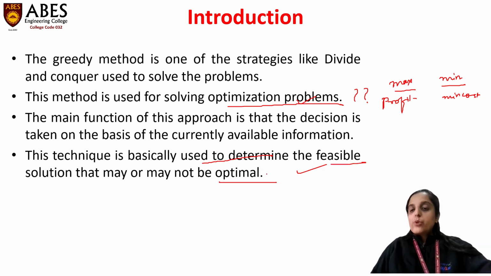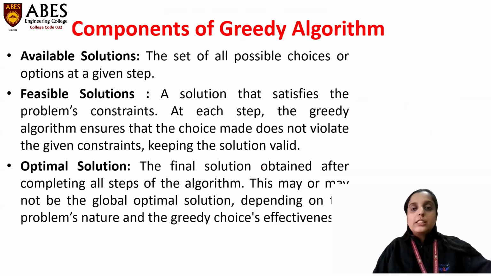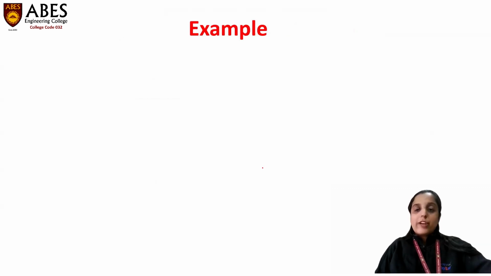It is very important to understand these terminologies first in order to understand what a greedy algorithm is. These are the basic terminologies you will get in this particular unit: available solution, feasible solution, and optimal solution. What is the difference between all these terminologies? This is the important question. Let's take one very simple example to make it very clear.